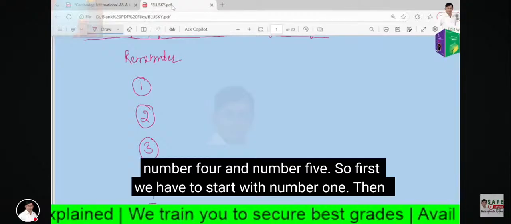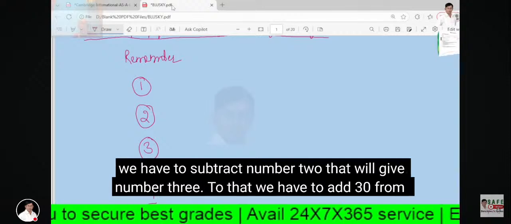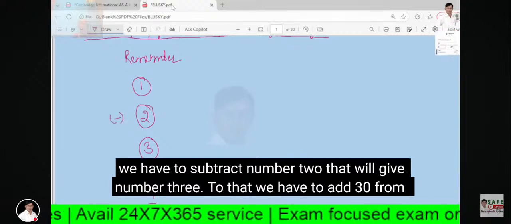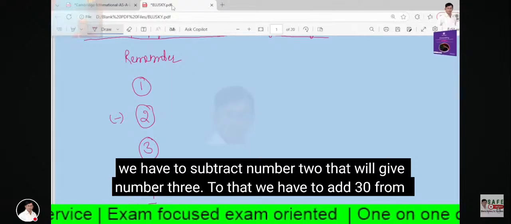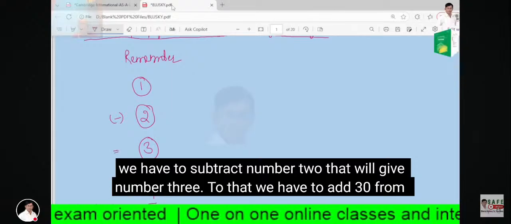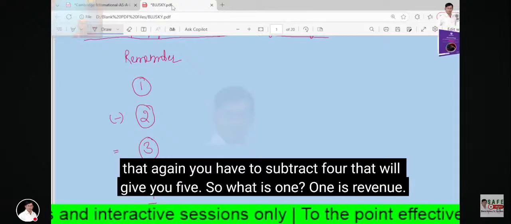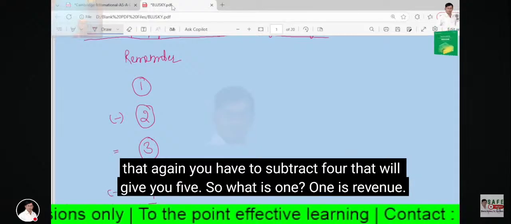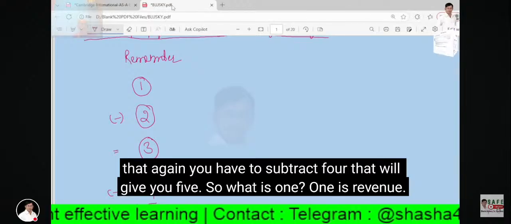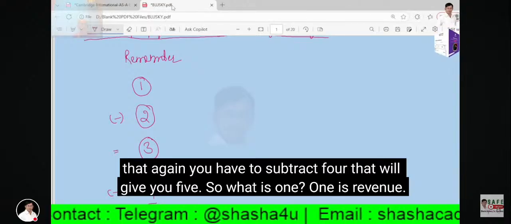First we start with number one, then subtract number two. That will give number three. To that we add number three-O, and from that again we subtract number four.